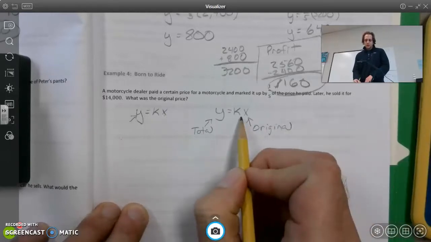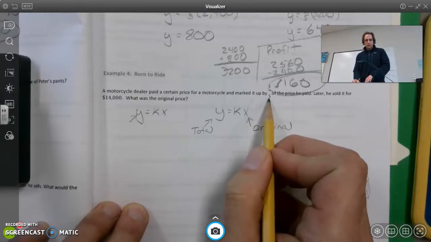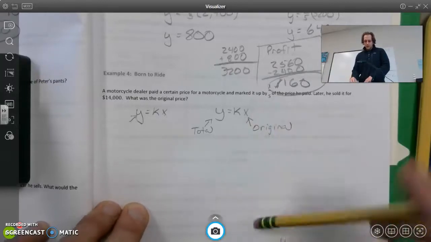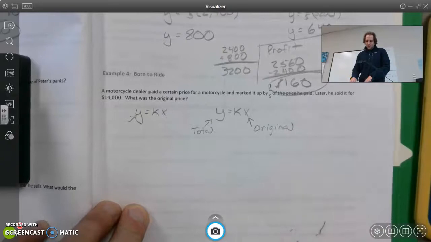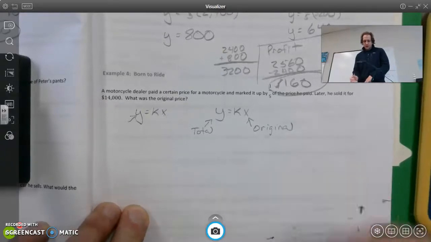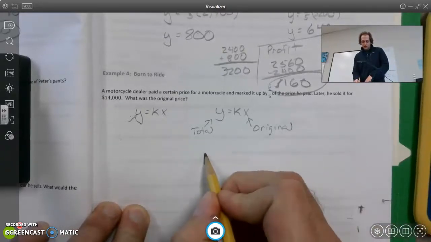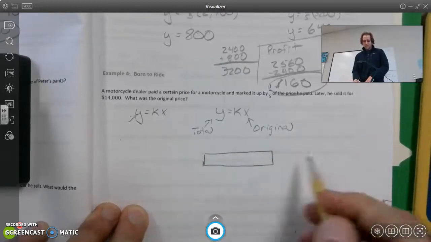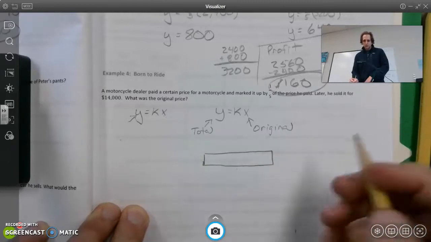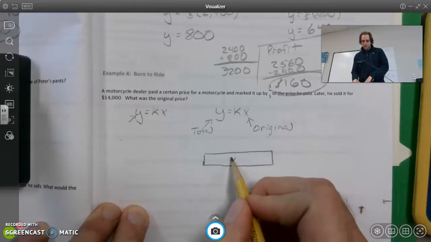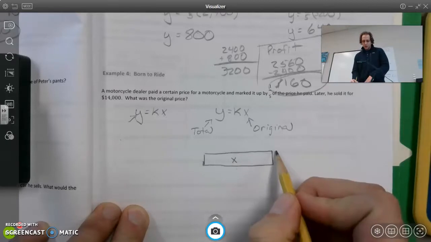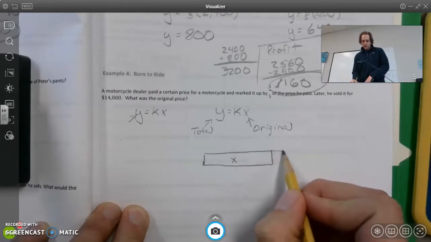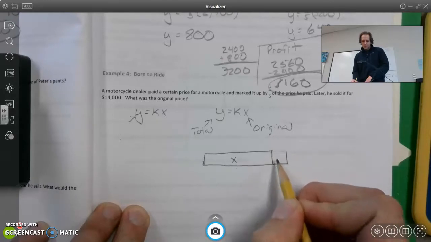Now, he marked it up by 1/5. So let's think about this. If he originally paid some amount for this motorcycle, this is how much he paid. I don't know what it is, okay? Let's say it's X. His new price would be a markup of 1/5. So he's adding to this 1/5 X, right?